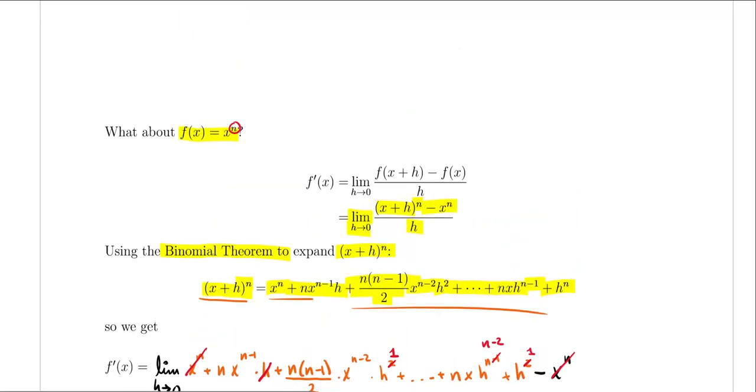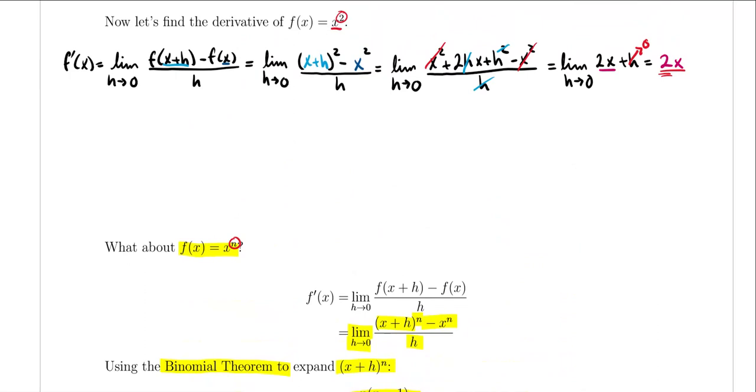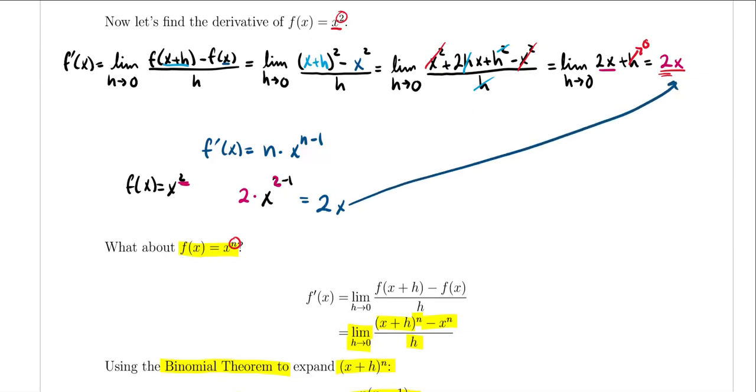So going back to this one here, where I gave you the function x squared, if we remember the pattern here that f prime of x is just n times x to the n minus 1, if the function was f of x equals x squared, then our n was 2, so the derivative would have been 2 times x to the 2 minus 1, which is just equal to 2x, and that's exactly what we got here.